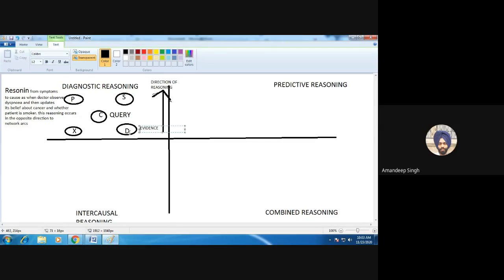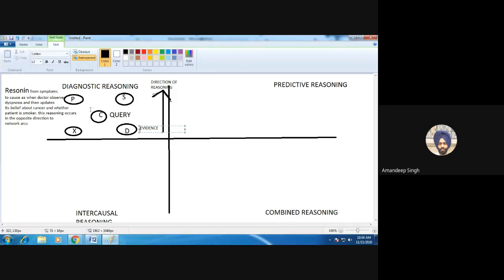From this evidence, the doctor will try to go upward: whether for this symptom the cause is cancer, and if the cause is cancer, then what further may be the cause for this cancer, whether smoking or pollution.